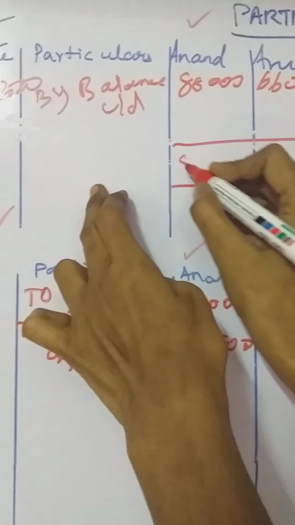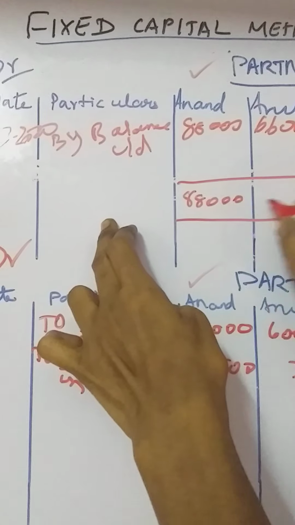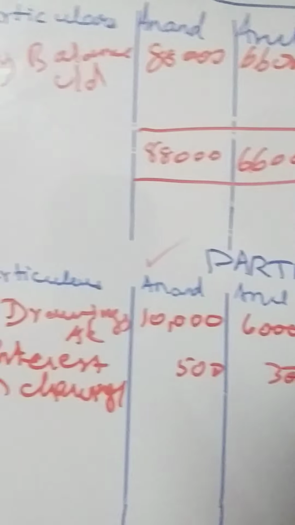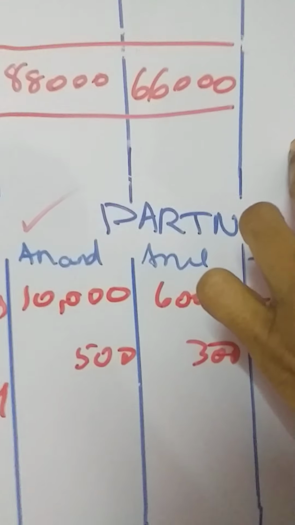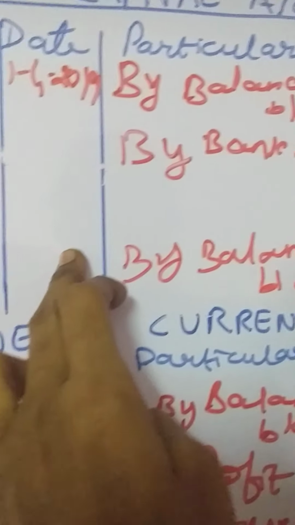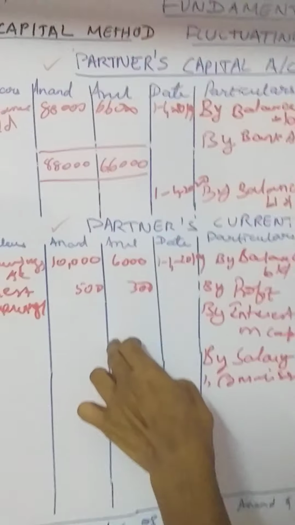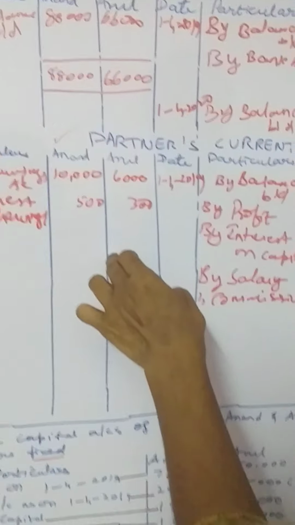Now total on the same line, 88,000 and 66,000. Balance carried down will be under the credit side, we will say that as a balance brought down on the next date, 1/4/2020, 88,000 and 66,000.